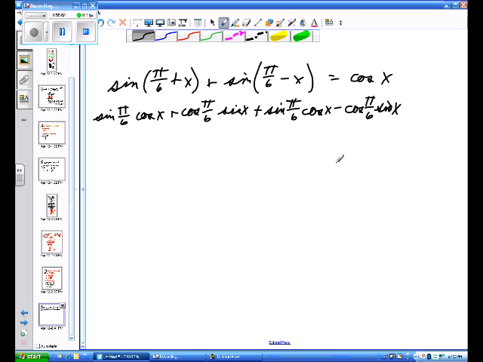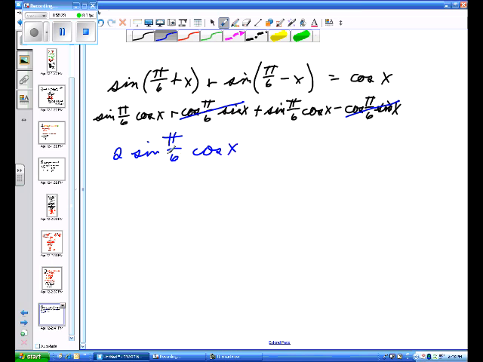Well, if we look at some of the things that we have even before we start combining, we have a plus cosine pi over 6 times sine x, minus that. So those are going to subtract out. And so what we've ended up with is 2 sine pi over 6 cosine x.